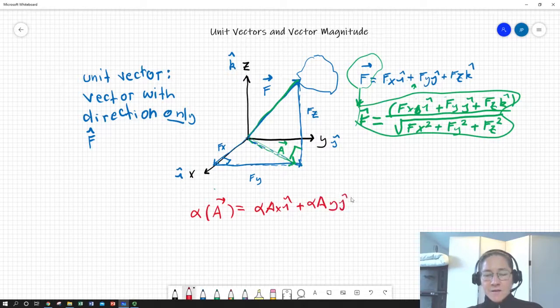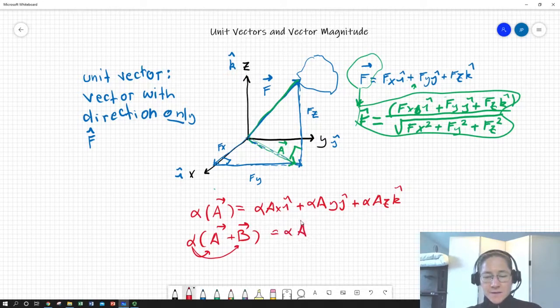So scalar multiplication is distributive over vectors. Likewise, we could have a scalar multiplying a vector sum, and you can distribute that, so it would be alpha A plus alpha B. That is a property we are effectively leveraging, because this big square root term is going to end up dividing each of these different terms.